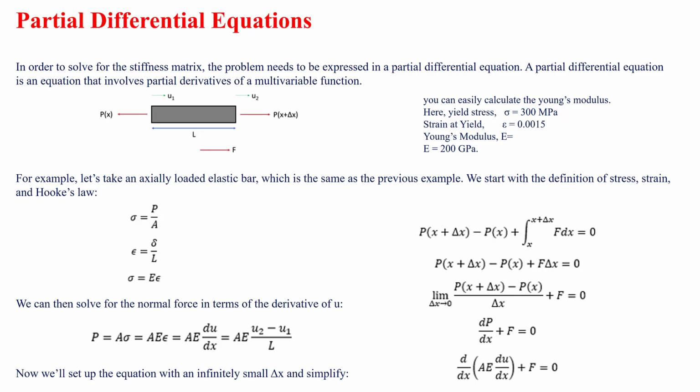If you want to take that into a normal analysis method, we can start with the definition of stress, strain and Hooke's law. Stress is the load divided by the cross-sectional area, right? The strain we define as the change in length to the original length. When it comes to Hooke's law, Young's modulus is equal to stress by strain, so stress is equal to Young's modulus times strain.